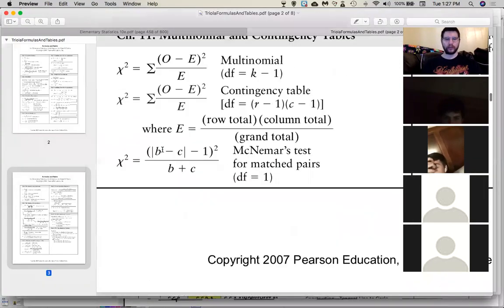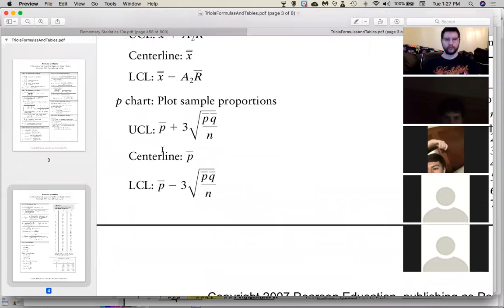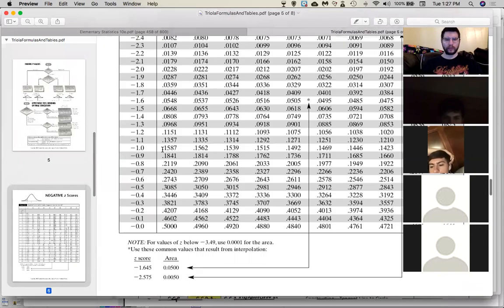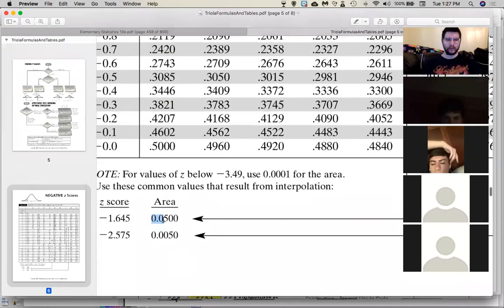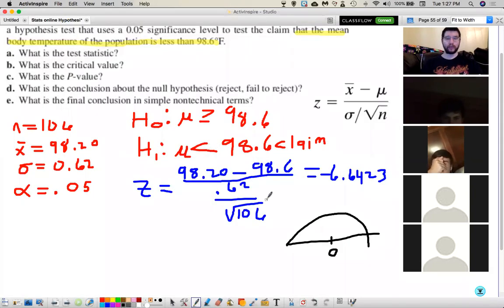You could also do an inverse norm. 0.05 on the chart is right here. For an alpha of 0.05, we have negative 1.645. It is a left tail, so I am going to use the negative. Negative 1.645. And my rejection region is over here on the left.